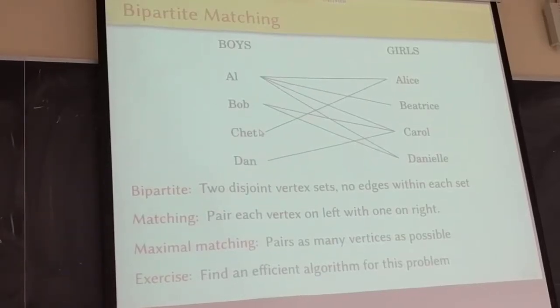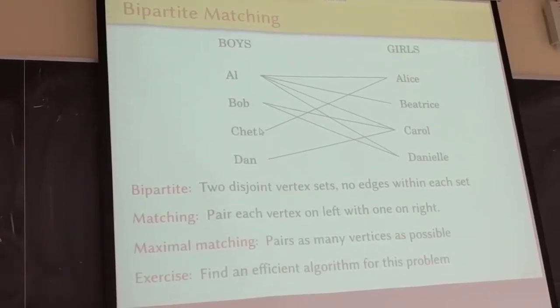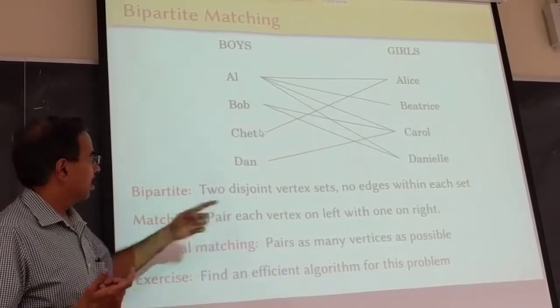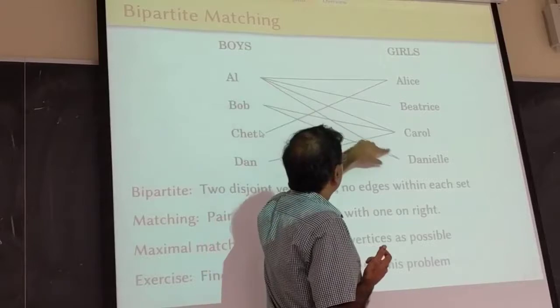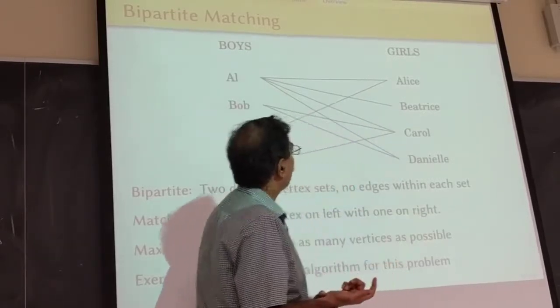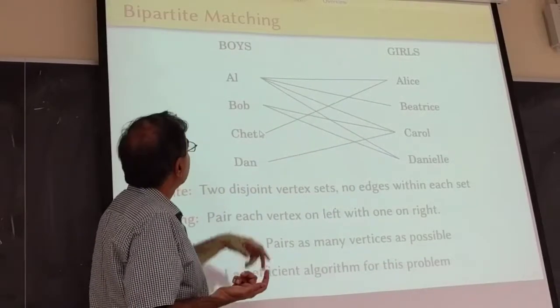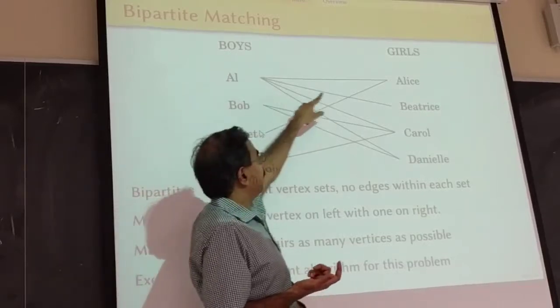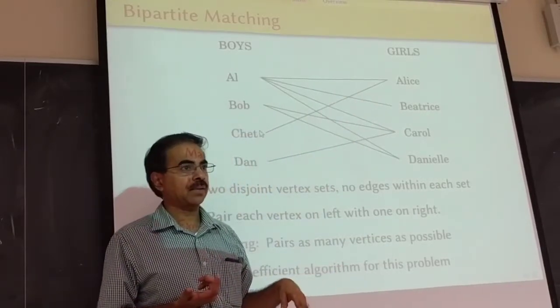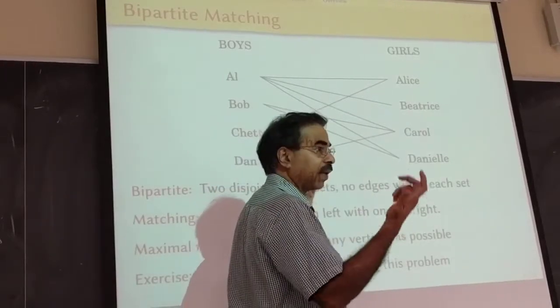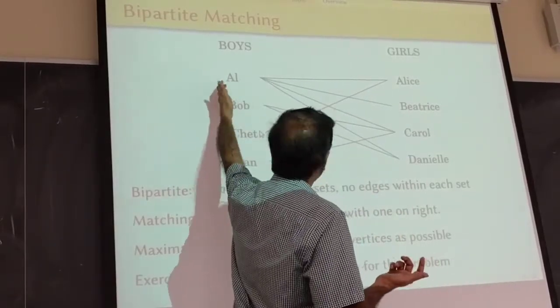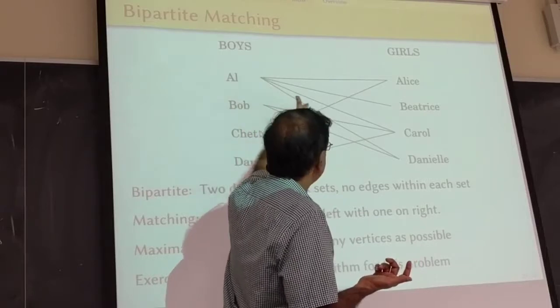A matching in a bipartite graph is, although let's say Al here could be paired up with any of these four girls, a matching is one that just picks one of those possible pairs. So matching is like finding a match. Let's say they want to dance.